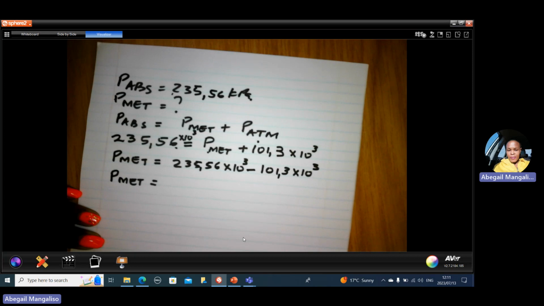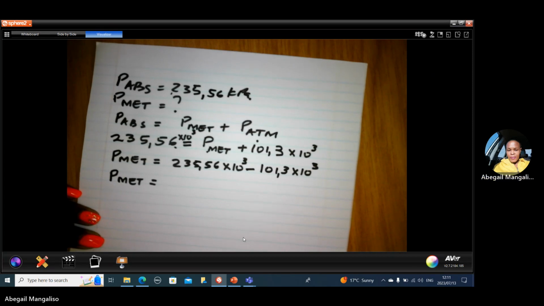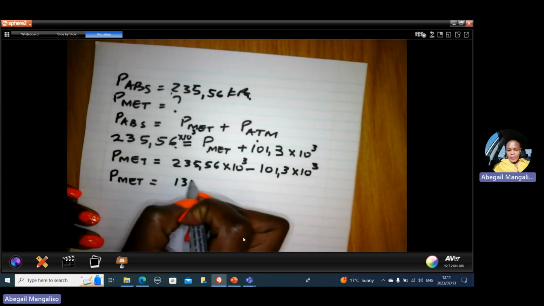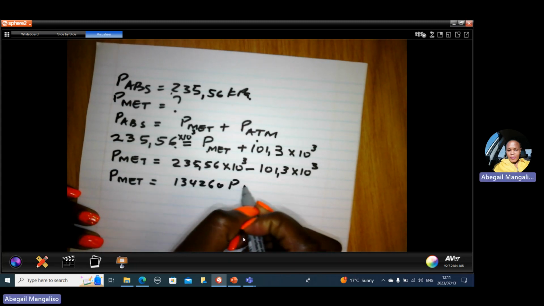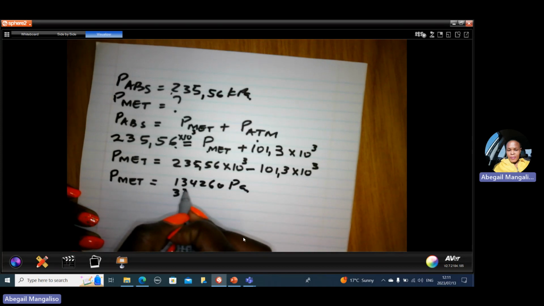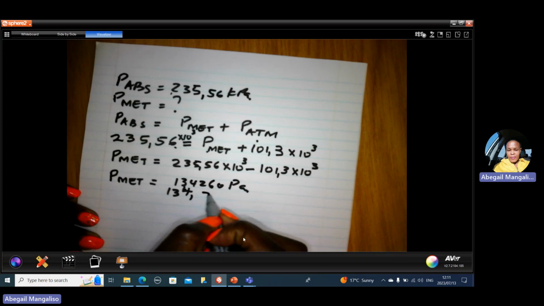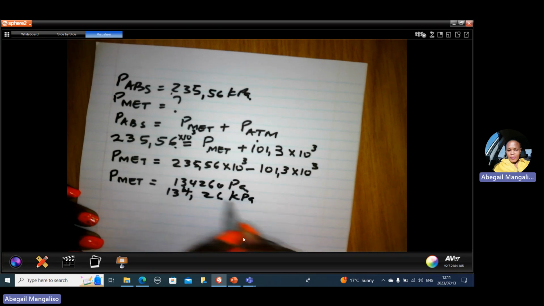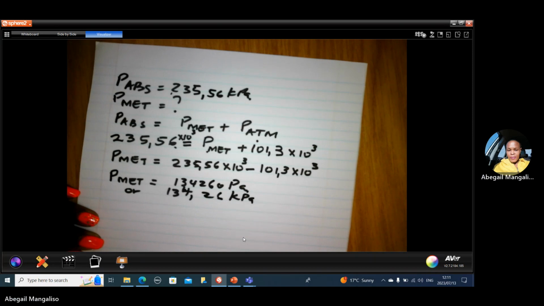And the answer is 134,260 pascals, or 134,26 kilopascals. That is the answer. Let's look at the second example.